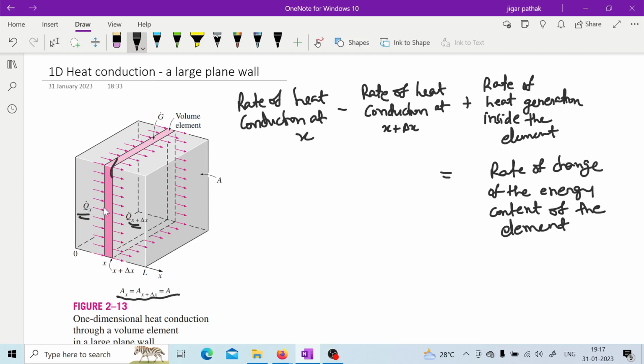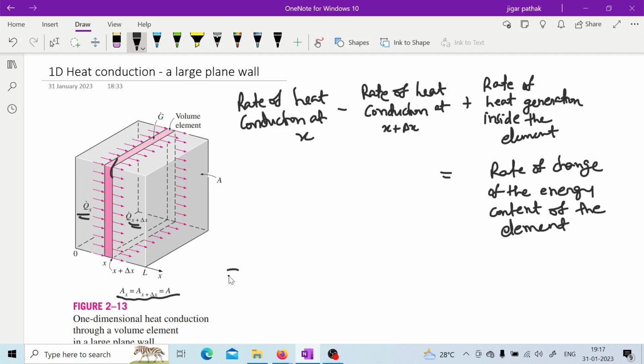Because if you consider this element before the entering of this energy and leaving this energy, then it will have only the energy which is generated inside this element. So basically, whatever heat is transmitting through that element, it is changing the energy inside that element, and that is given by this relation.